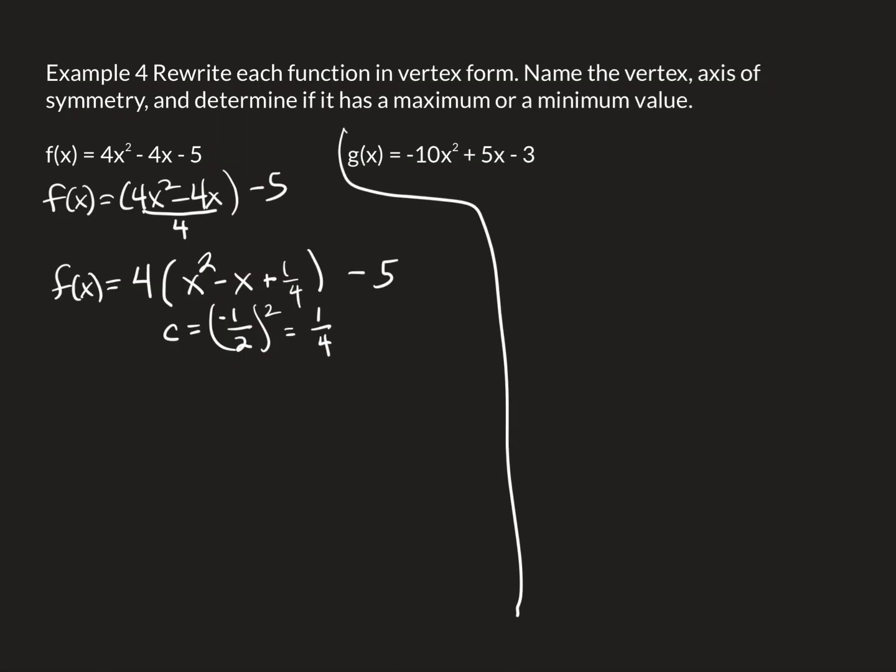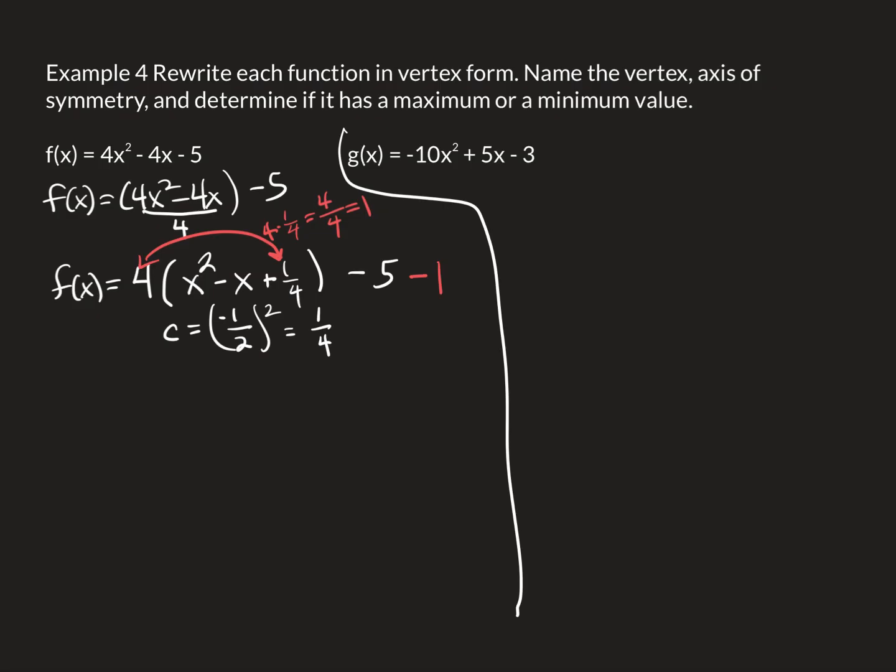Now I'm going to multiply 4 times 1/4. I'm going to write that out. 4 times 1/4 is 4 over 4, which is 1. So I have added 1. To balance that out, I am going to subtract 1.